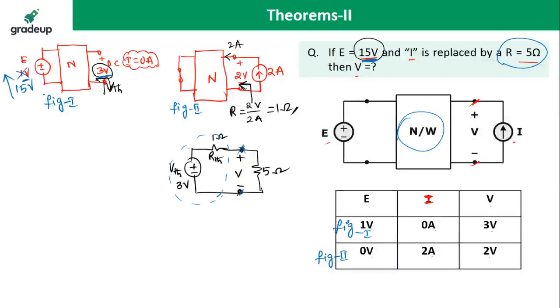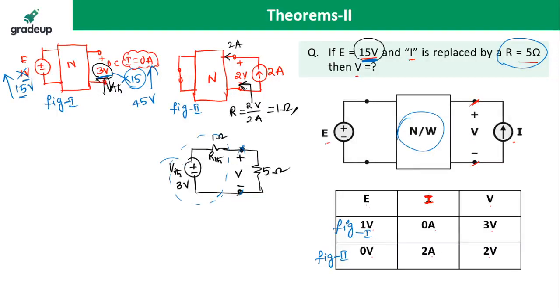According to the homogeneity principle, in any linear network, if the source value is increased by k times, the response is also increased by the same k times. That is the homogeneity principle, right? So as voltage is increased by 15 times, your response also increases by 15 times. That is 15 threes. How much are you going to get? 45 volts.